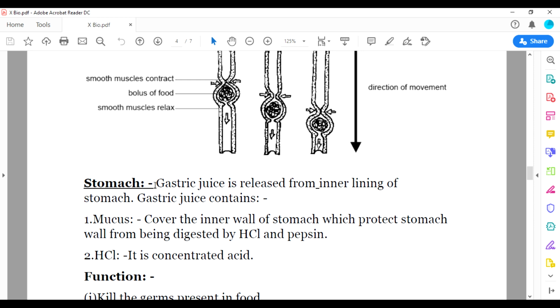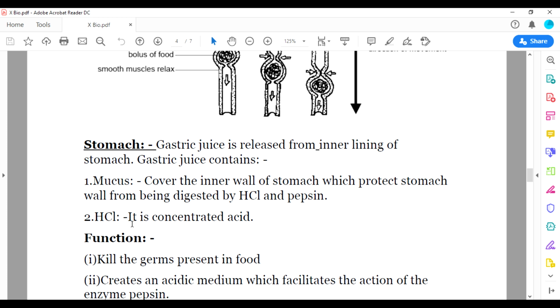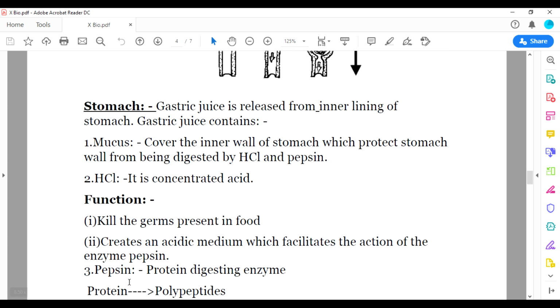The stomach secretes gastric juice. The walls of the stomach secrete three secretions which constitute gastric juice, and gastric juice contains mucus, HCl and an enzyme, pepsin. Mucus covers the inner wall of the stomach, which protects the stomach wall from being digested by HCl and pepsin.